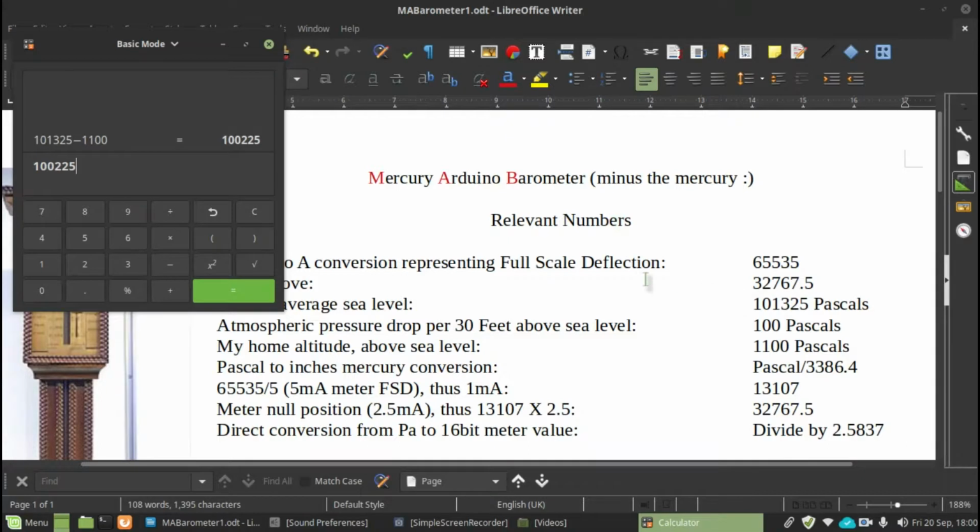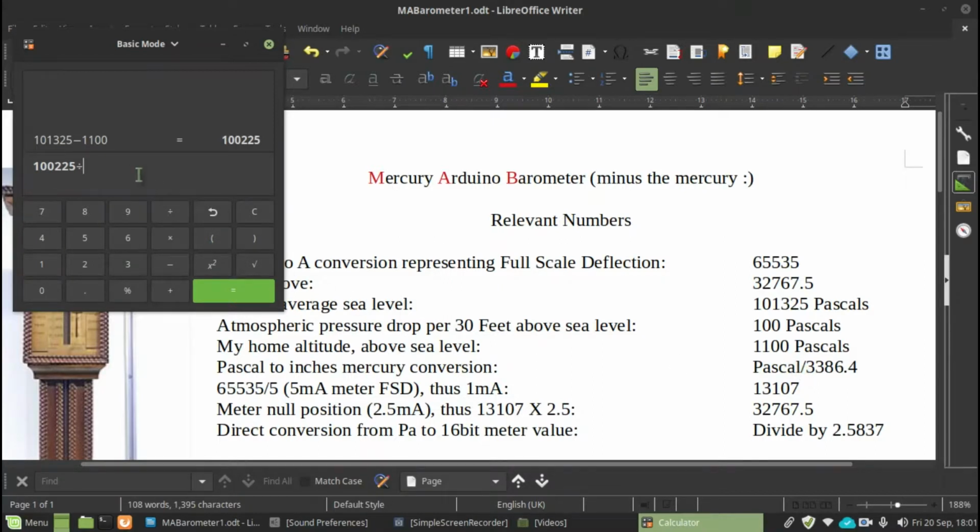The next item, and incidentally, when I get that reading where I live, my analog meter must be in a reference position of 2.5 milliamps, but I'll come to that in a second. The next item down on the list is just the simple pascal to inches mercury conversion. So you just plug your pascals into that part there and divide it by 3,386.4.